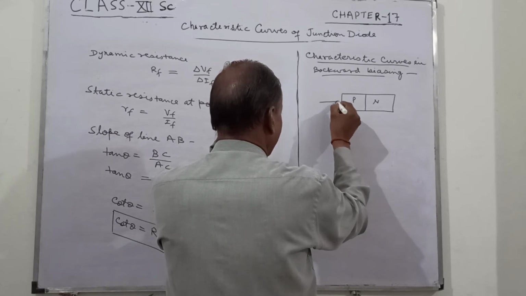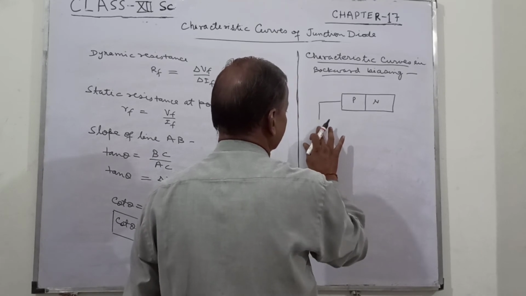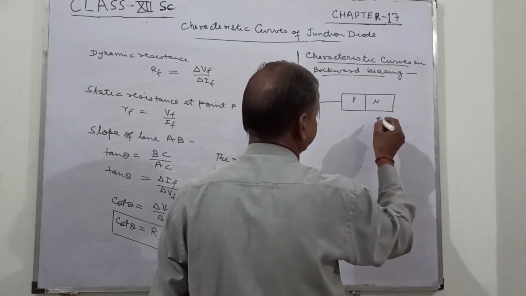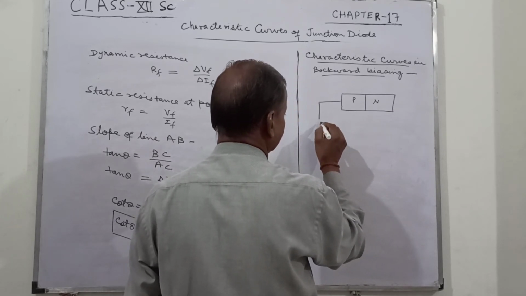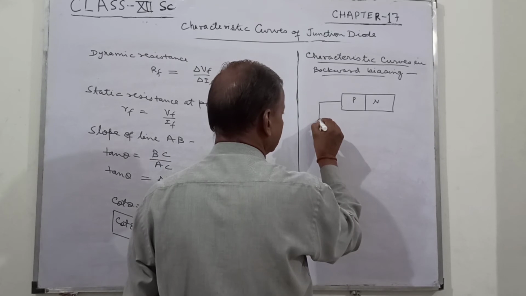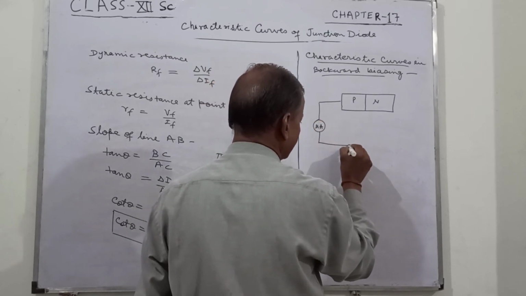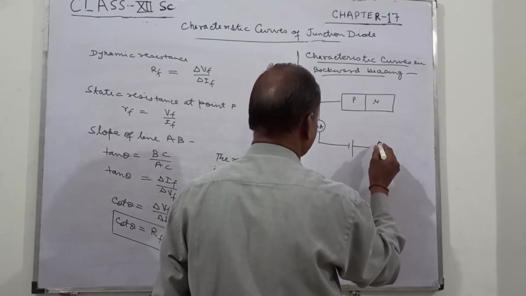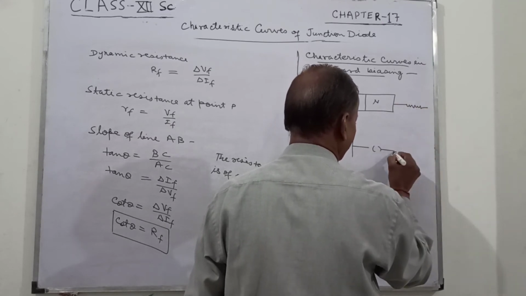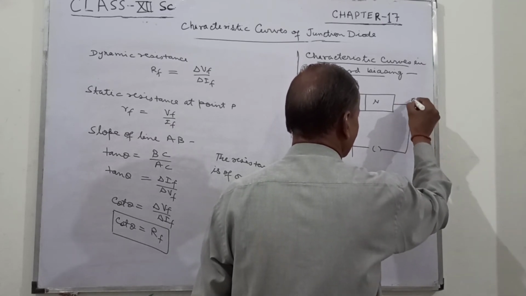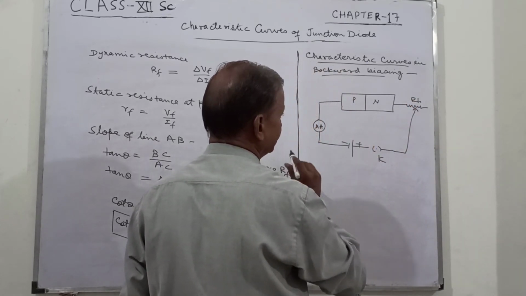and this is now microampere. This is rheostat, this is key K, this is positive, this is negative.